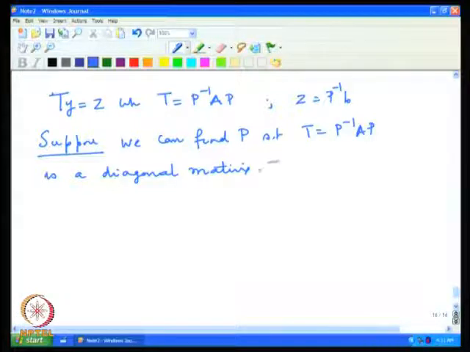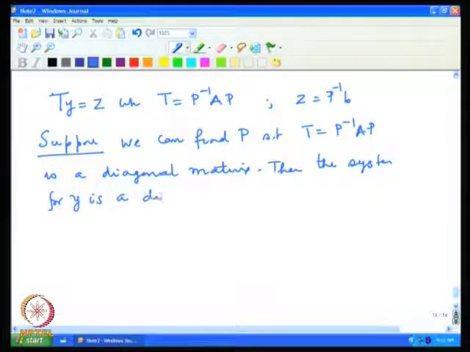Then the system for y is a diagonal system, and we have seen that diagonal systems are easy to handle.